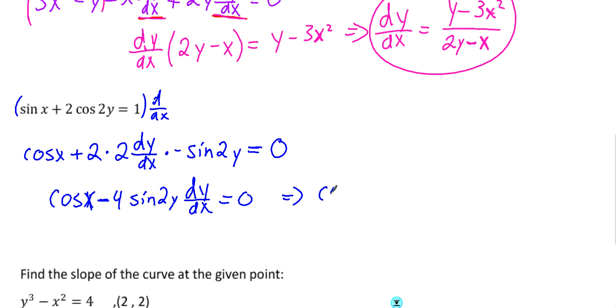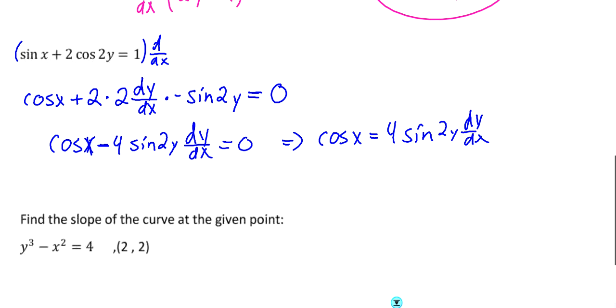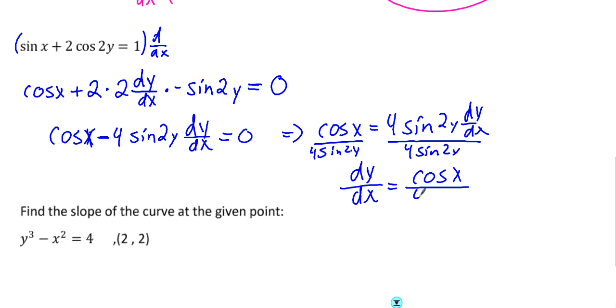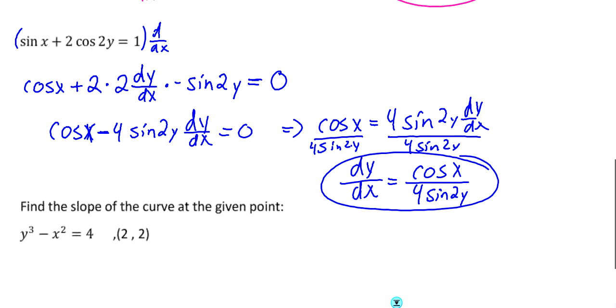So you get cosine x equals 4 sine 2y dy over dx. Then divide both sides by 4 sine 2y. So we get dy over dx equals cosine x over 4 sine of 2y. And that is our implicit derivative.